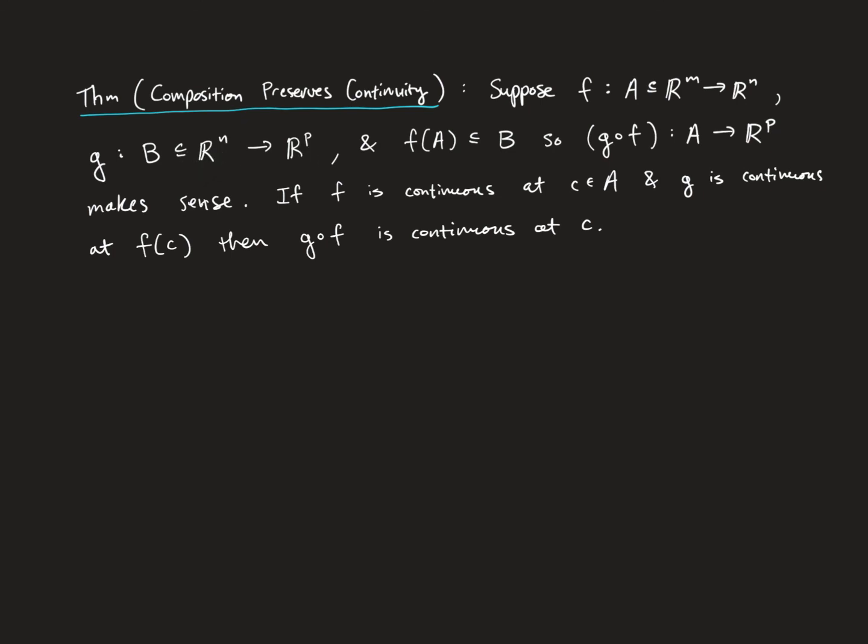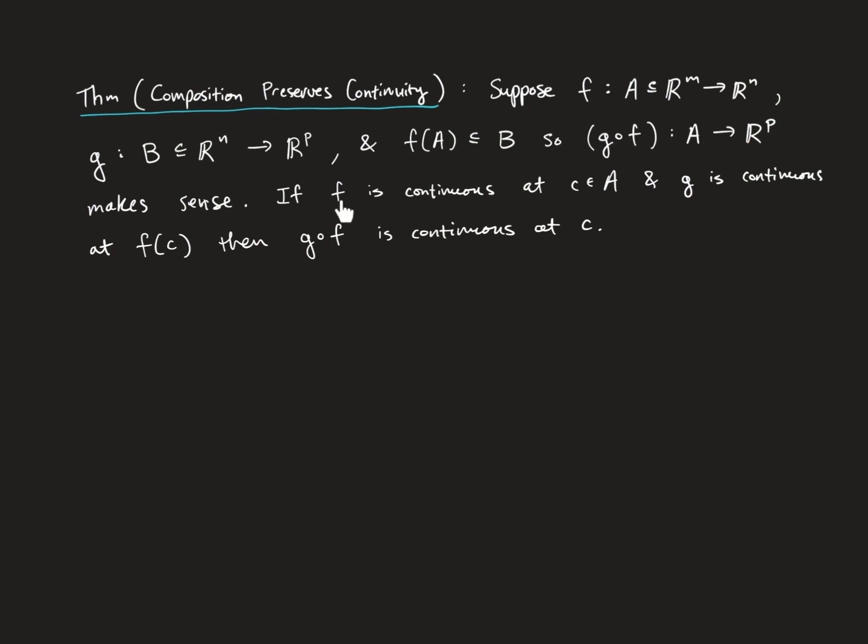And since we want to do the composition, we want to follow g up after f. Well, then when we do f on A, that better end up in the domain of g, so that we can follow f up with g. So we'll assume that f of A is contained in B, and then our composition here makes sense.